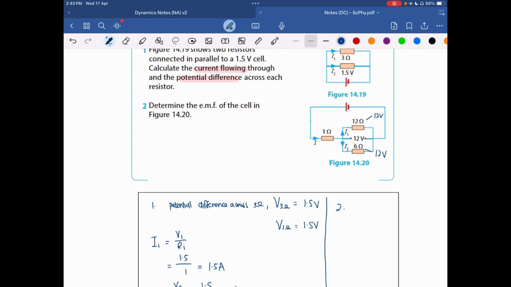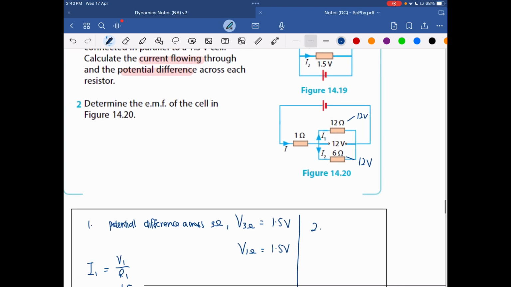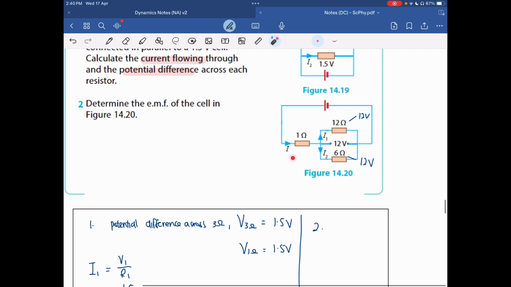Okay, so does this mean that the potential difference across this component also is 12 volt? May not be, because again, these two components are parallel to one another, but these two together are in series with this component.